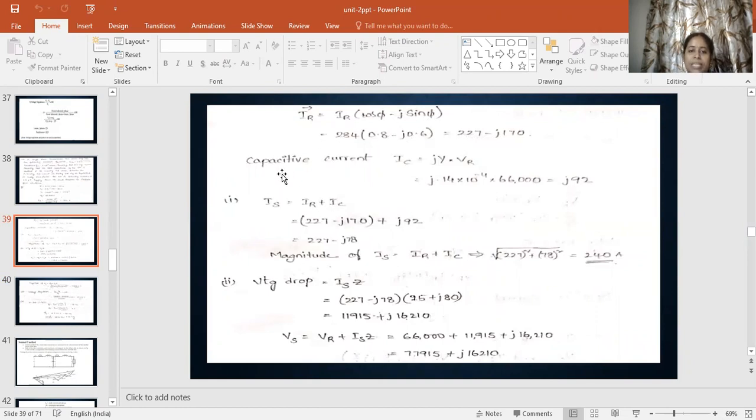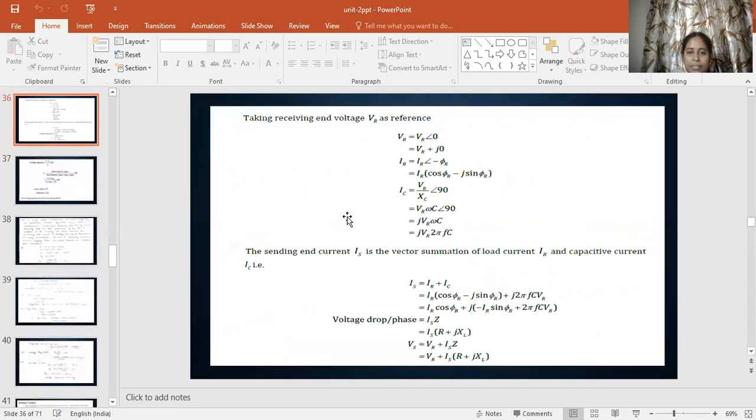And the capacitive current IC equal to j into Y into VR. We derived the formula for the IC current. IC equal to j VR into 2 pi FC.